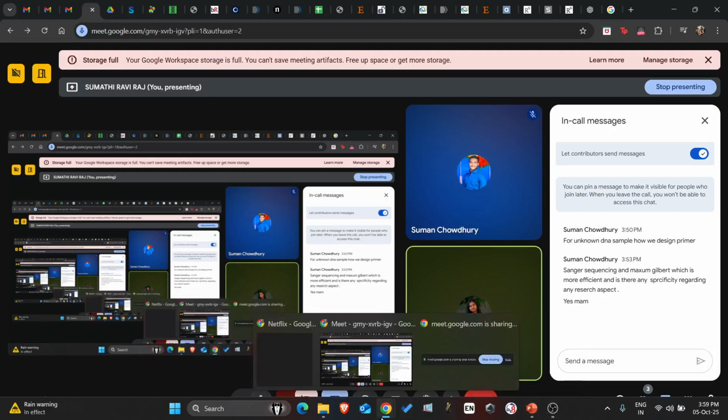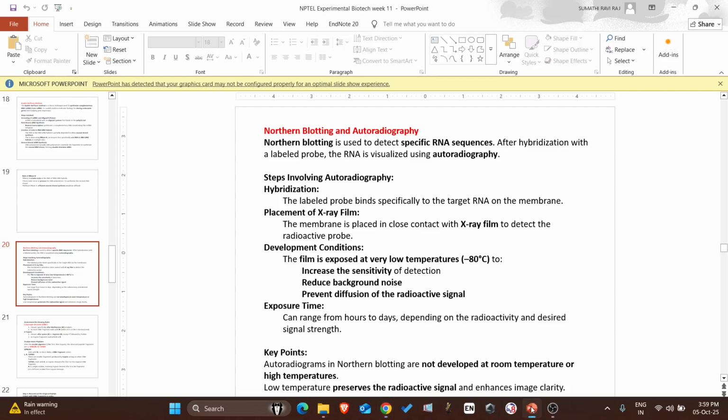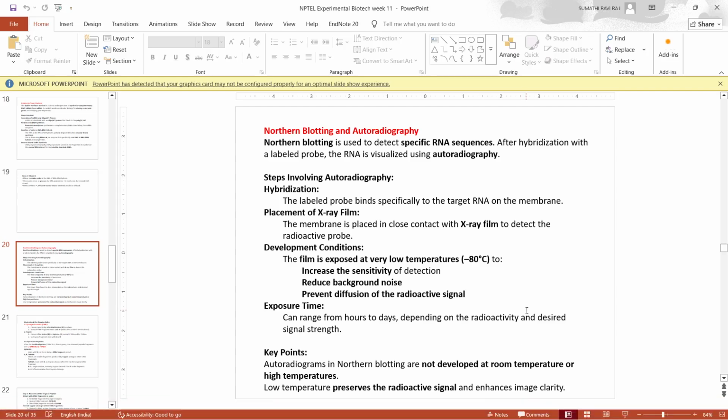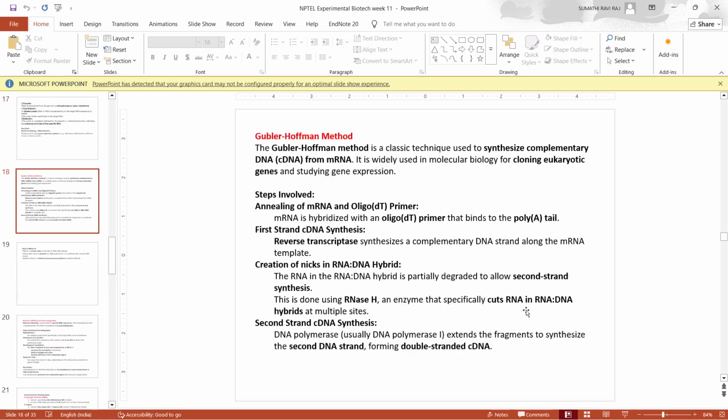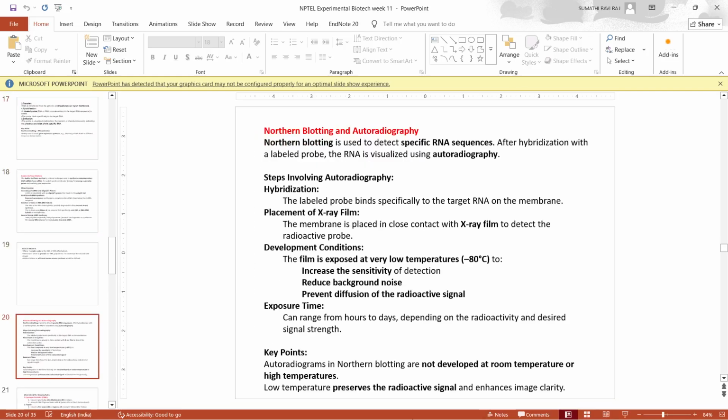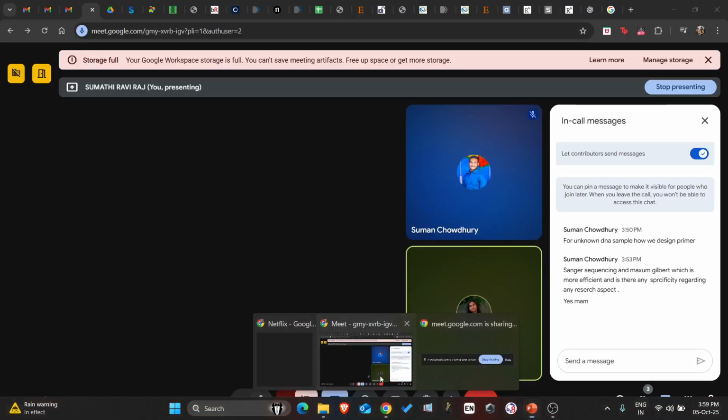I'll let you know if there is any. But as far as I know, it's not, because both of them give you the sequence at one nucleotide resolution, so I don't think there should be any. Okay. Any other question?